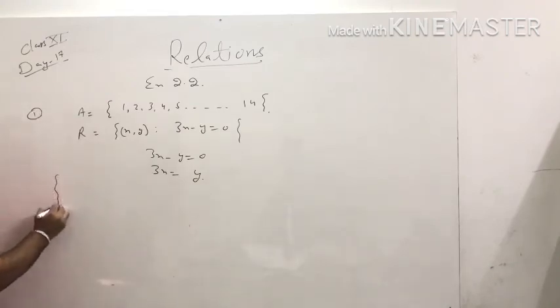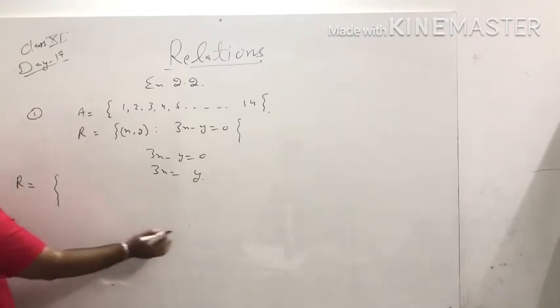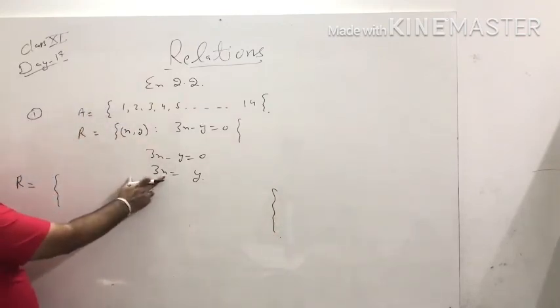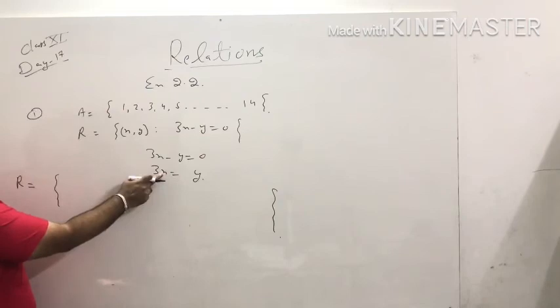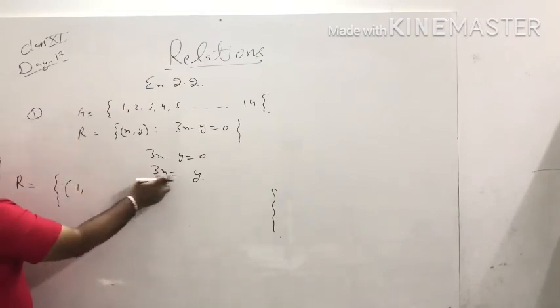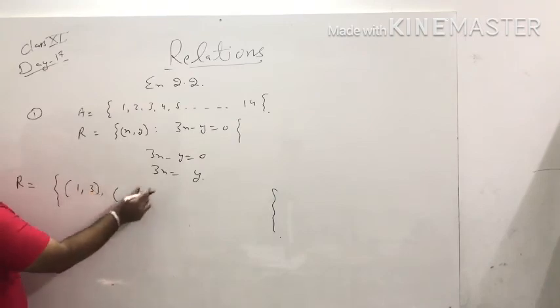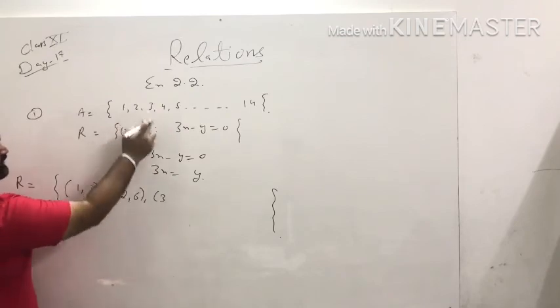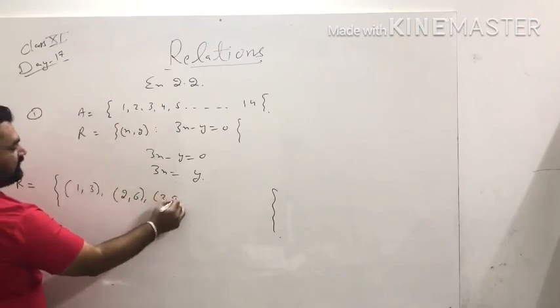Now for the relation, if we put x equals 1, the value of y is 3. If we put x equals 2, the value of y is 6. If x equals 3, y is 9.